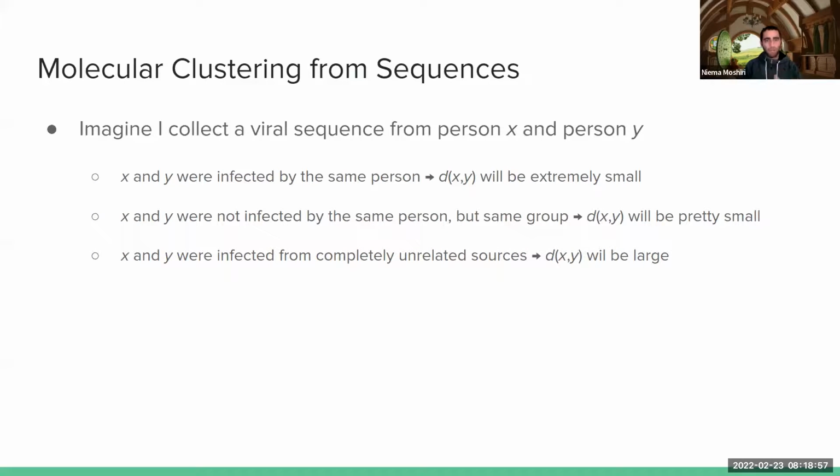These two people happened to be in San Diego, and I happened to be able to collect viral sequences from both of them. But those viral sequences are going to be super different, because those sources of infection were completely unrelated. They're very far apart. A lot of time has passed since the common ancestor of those two viral lineages, so a lot of mutations will have accumulated. The pairwise distance will be pretty large.